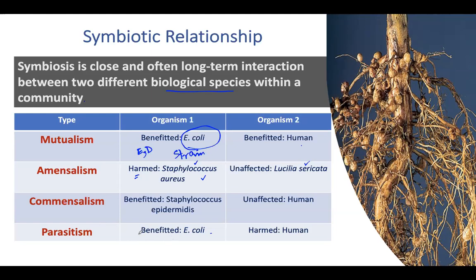Those strains of E. coli give us so many different types of disease. They give us diarrhea. They are responsible for urinary tract infections. So humans are harmed, and E. coli can stay and get food, so they are benefited. That relationship is called parasitism.